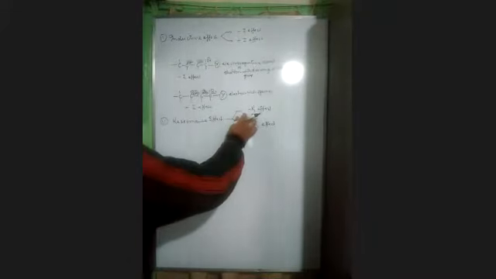I have given you an example of the minus R effect that day with nitrobenzene, and plus R effect I have done with the resonance of phenol. Okay. So that day I have shown you with nitrobenzene. All right.